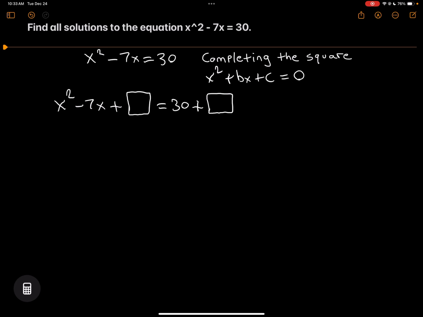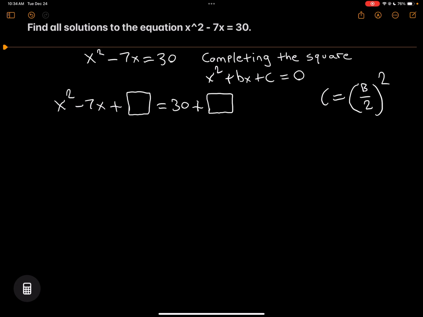The rule states that the constant term c is always going to be, in parentheses, b over 2 squared. So the constant term is going to be b divided by 2, and then you take that entire fraction and you square it. That's the rule for the constant term c, and that's really going to help us solve this problem and figure out what number to put in those boxes.